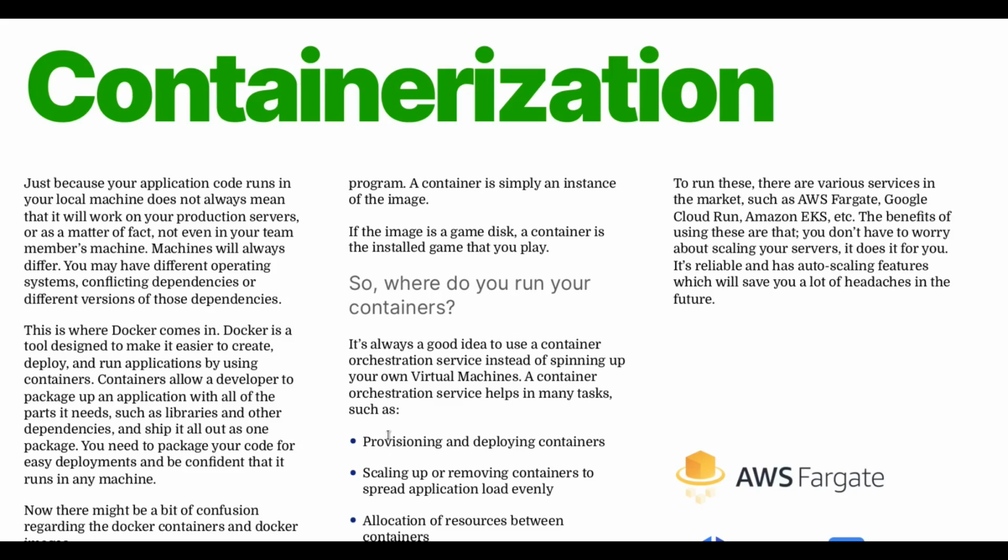Before the invention of containerization, there was a problem where a developer says the code and application is running fine in my system, but I don't know why it is not running in the other system. This is a big problem.